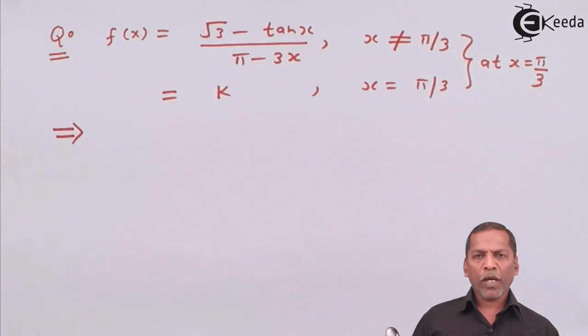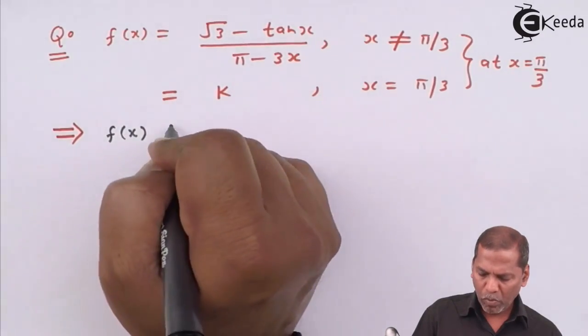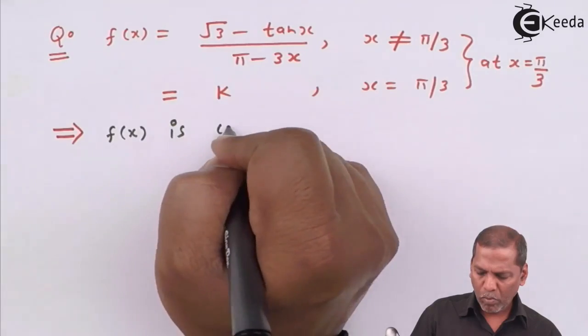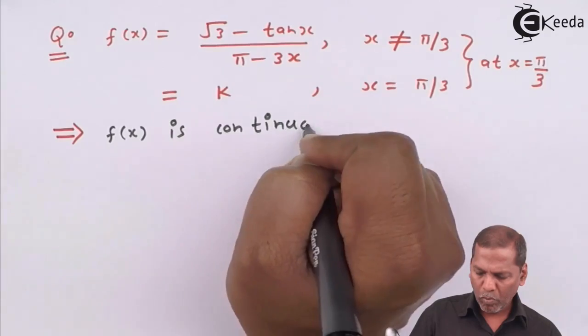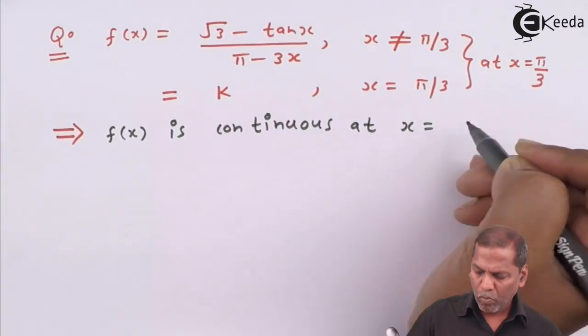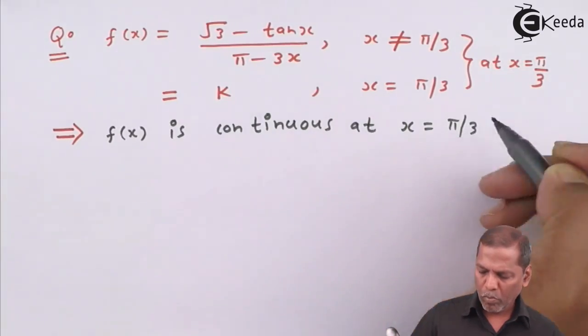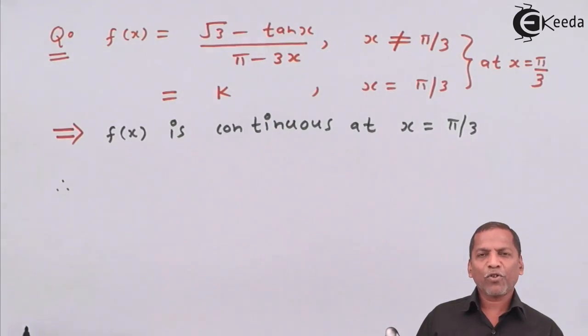We start from the given function f of x is continuous at x equal to pi by 3. Therefore, limit x tends to pi by 3, f of x is equal to f of pi by 3.